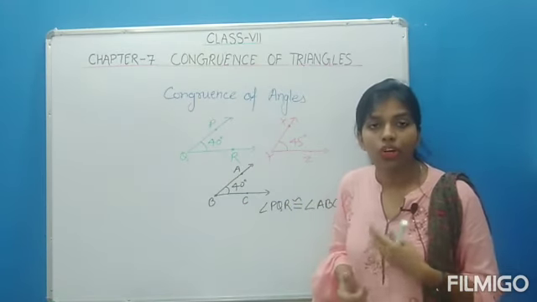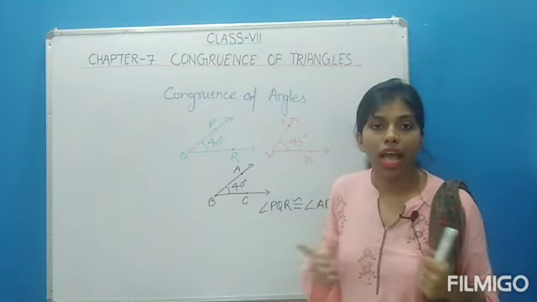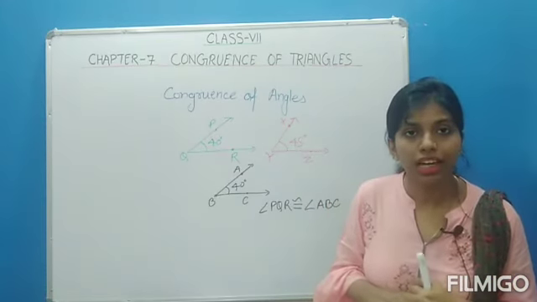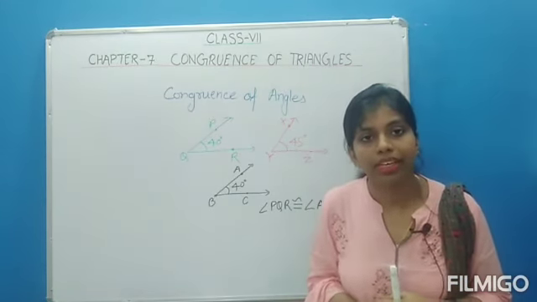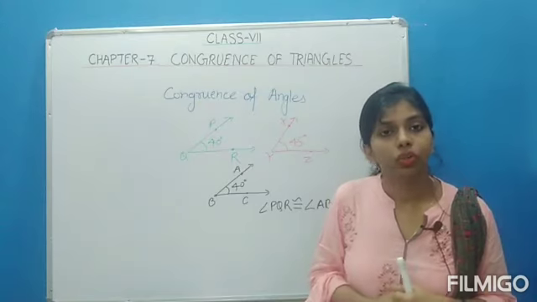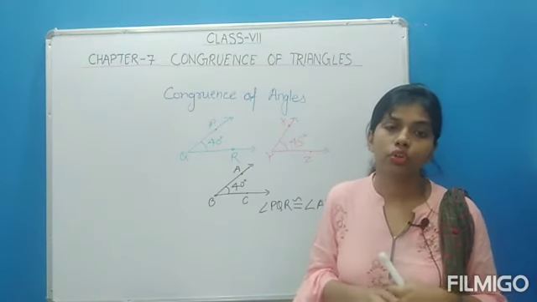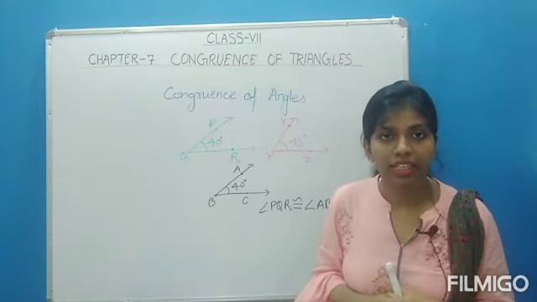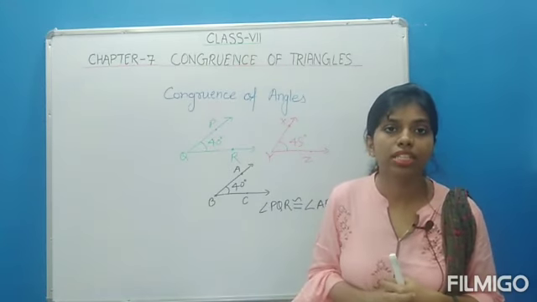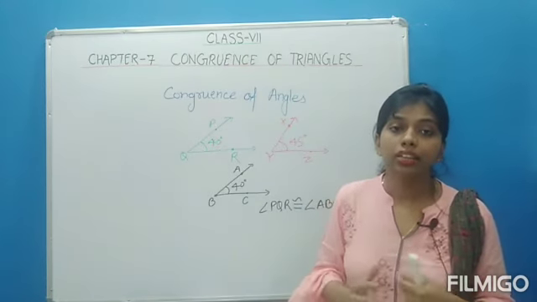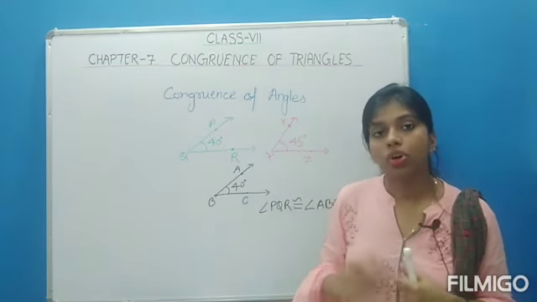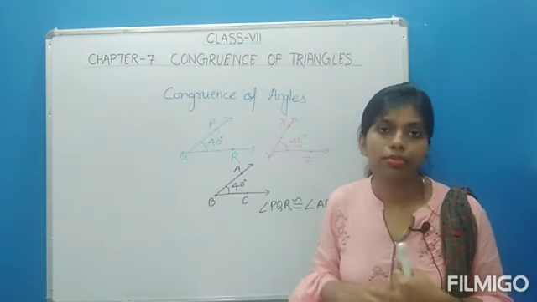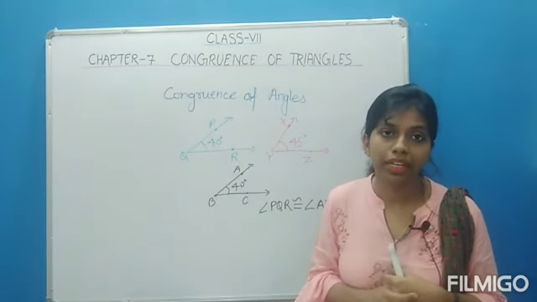So what is necessary to make two angles congruent to each other? Their measurements must be equal. So these are the two aspects we discussed: first, congruency for a line segment and then congruency for angles. For a line segment, their lengths must be equal, and for angles, their measurements must be equal.